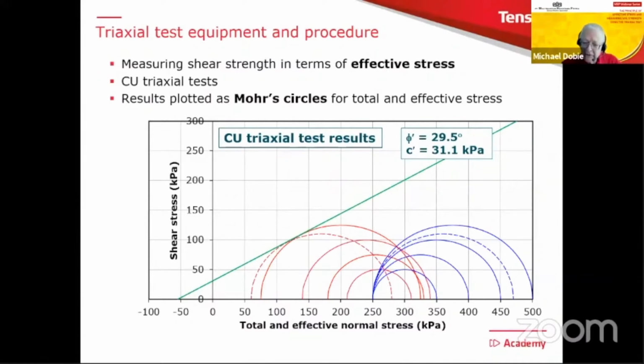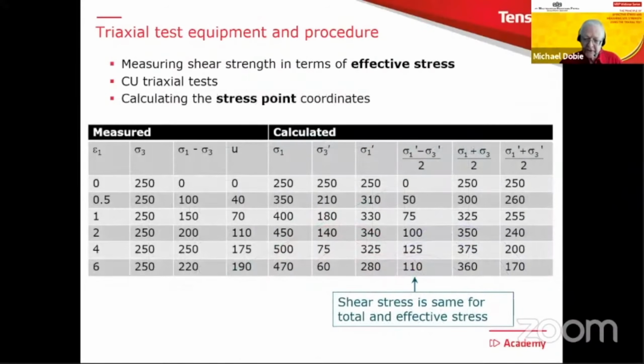But if we plot every result like this, it's kind of messy. If you've got many stages, you're going to have so many circles, you can't really see what's going on. So to overcome this problem, what we're going to do is to plot the coordinates of the top of each circle because it's a unique value. So we calculate those like this.